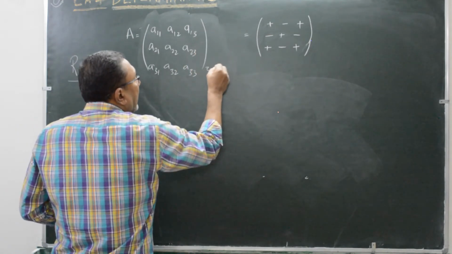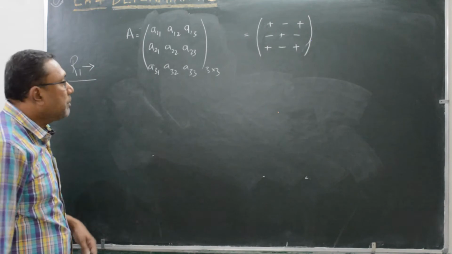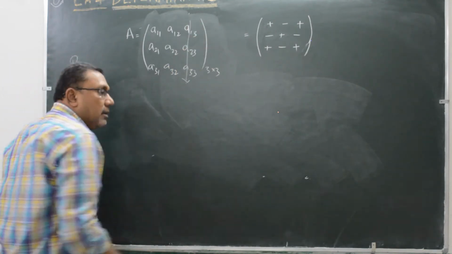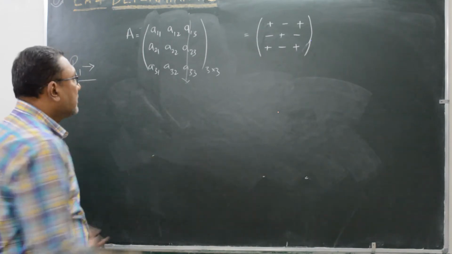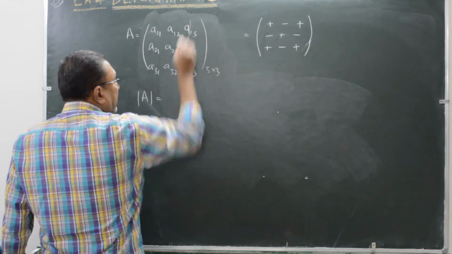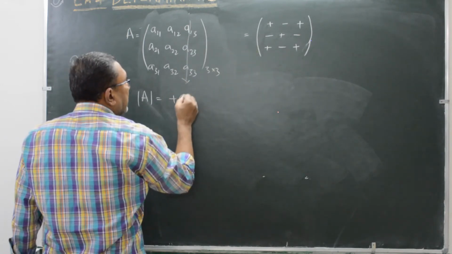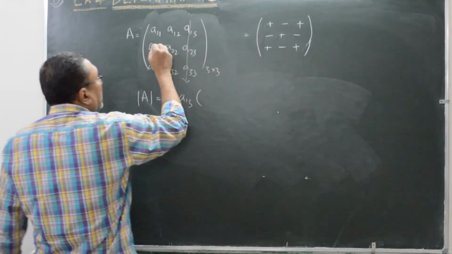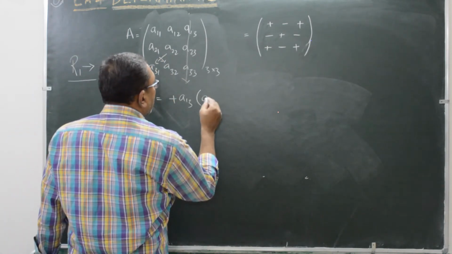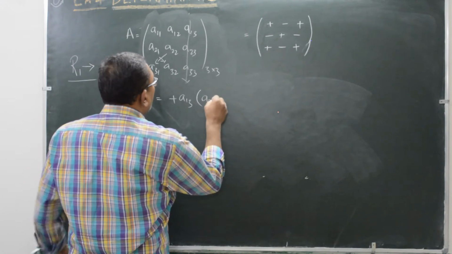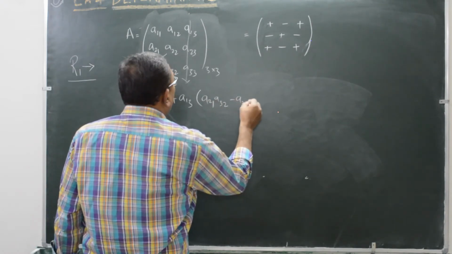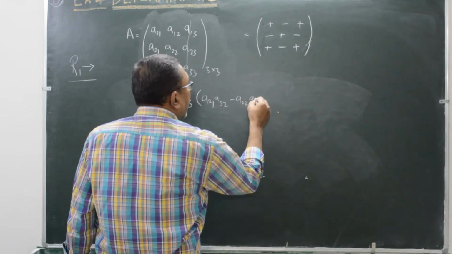Assuming that you want to expand from the last column, the determinant value will be A13 times A21, A32 minus A22 and A31.